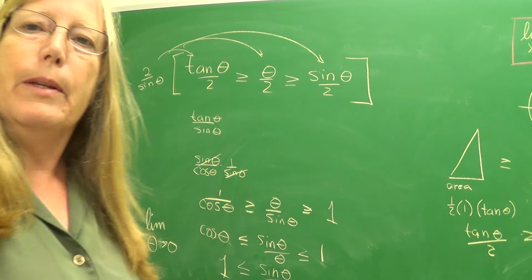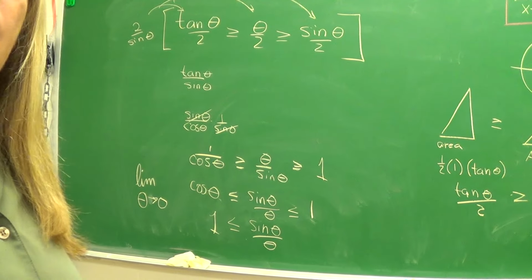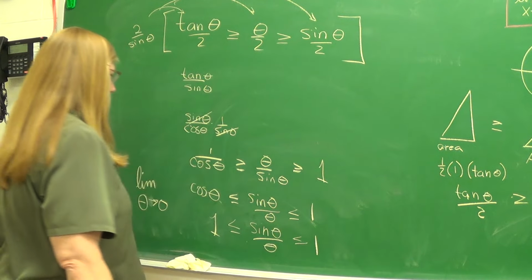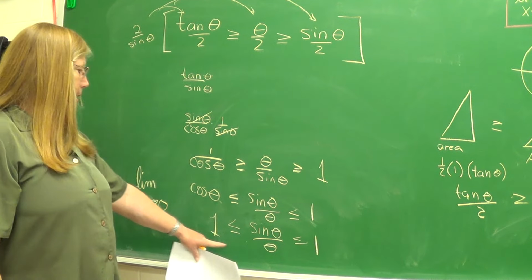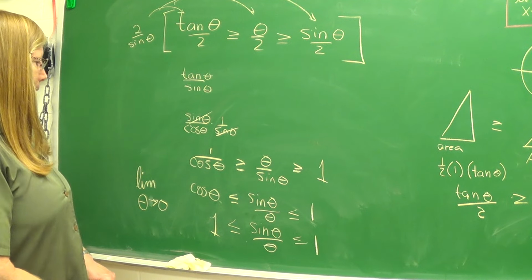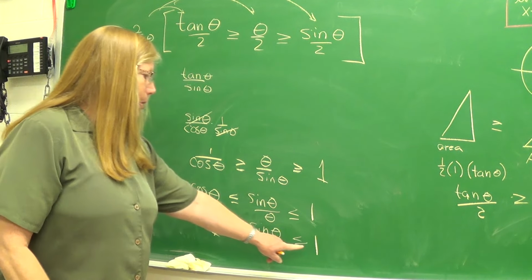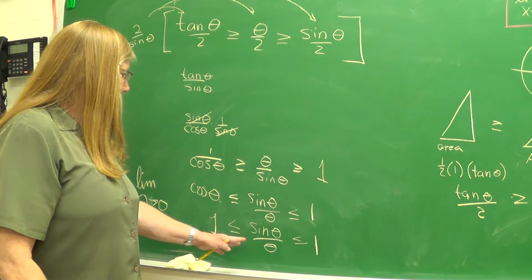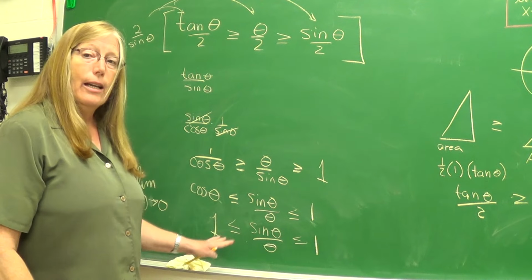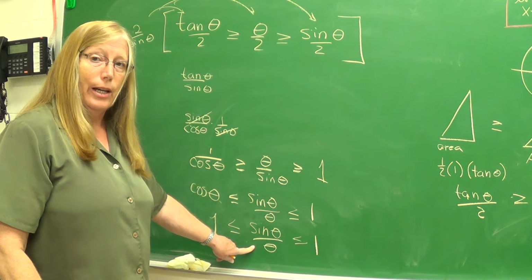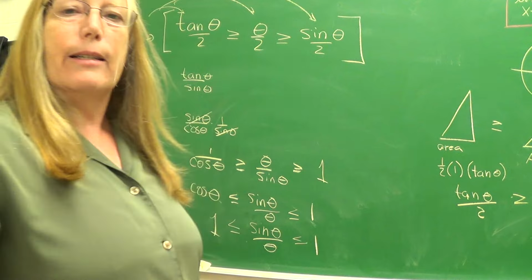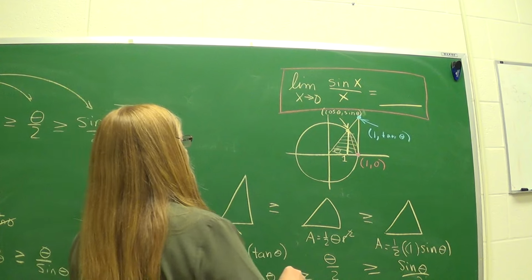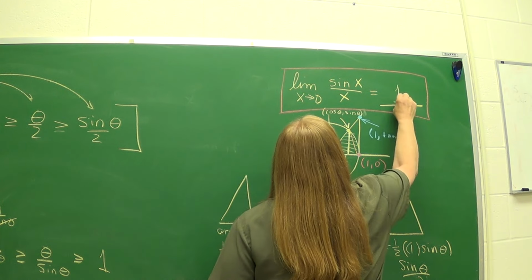The limit of this as theta approaches 0 is 1. So as I take the limit of each spot as theta approaches 0, I see a 1 on this side and a 1 on this side. Therefore, by the Squeeze Theorem, if this function is always in between these two and they go to 1, then this must also. So back to our box: the limit of sine x over x equals 1.